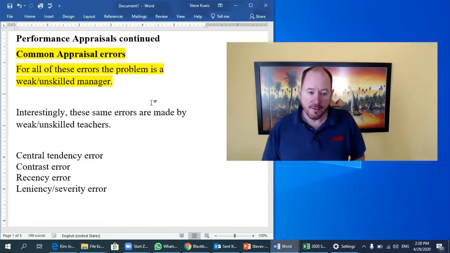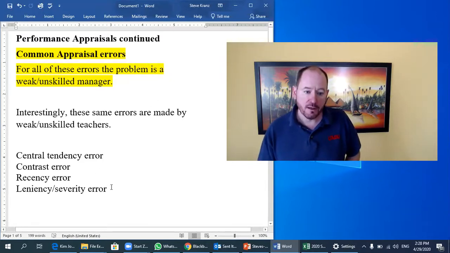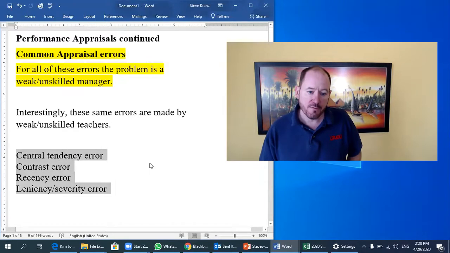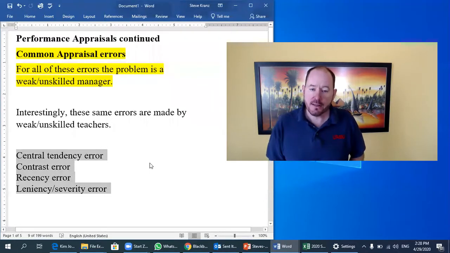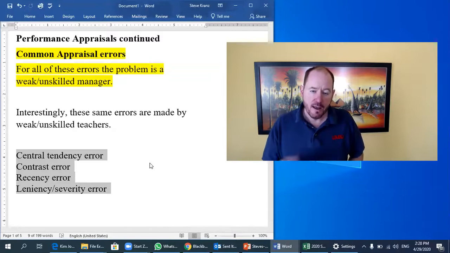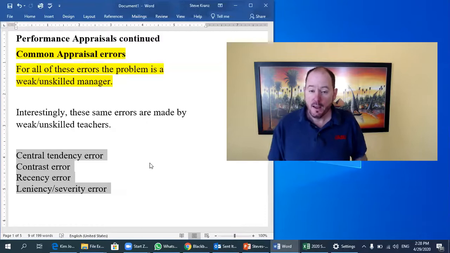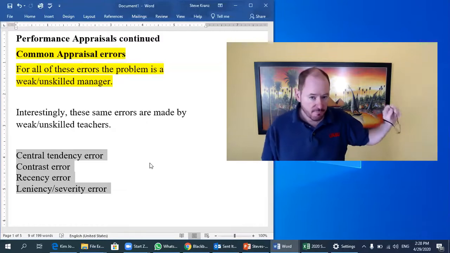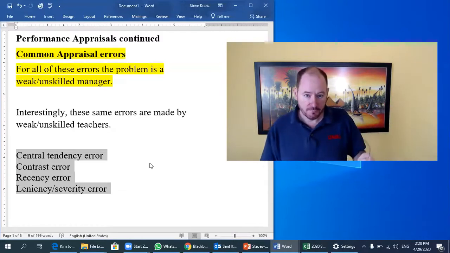The four types of errors we're going to look at are central tendency error, the contrast error, the recency error, and what's known as the leniency severity error. There are other errors. I'm only covering 4.